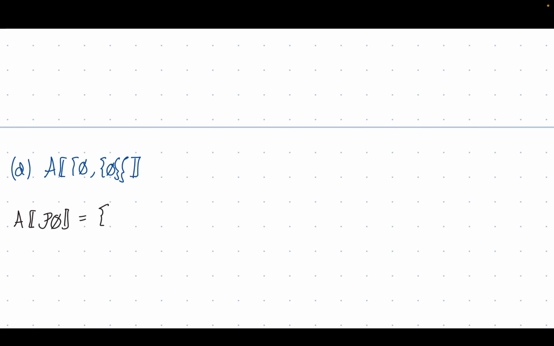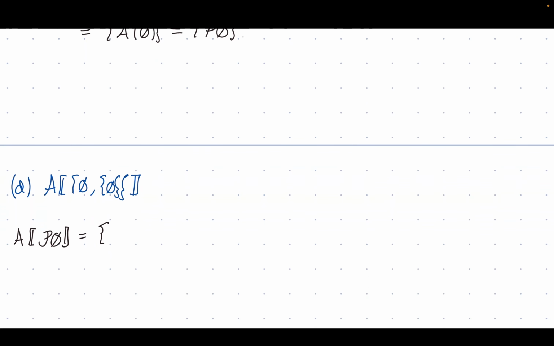And I'm going to skip the formal definitions and just go to A of u, such that u is in the power set of the empty set, which is going to be equal to A of the empty set, comma, A of the set containing the empty set, right?